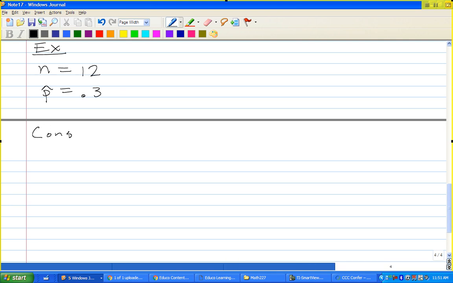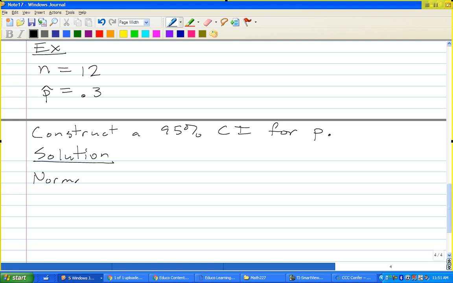Construct a 95% confidence interval for estimating the true population proportion. Okay, so let's do this. First note, I can't use a normal approximation. So if I try what I did above, it's not going to work.